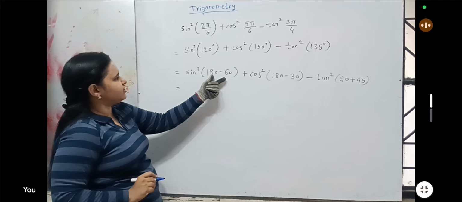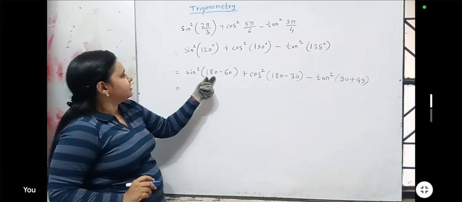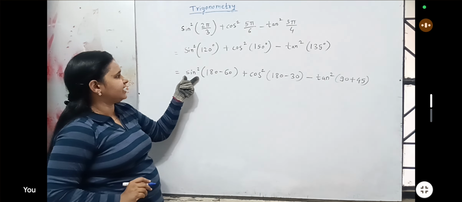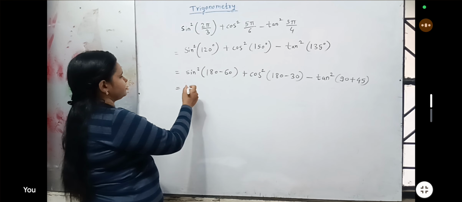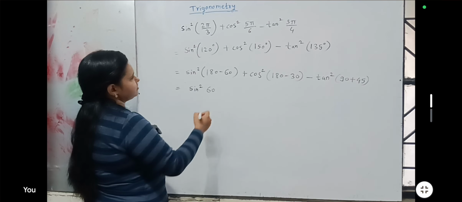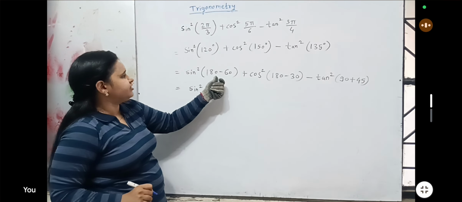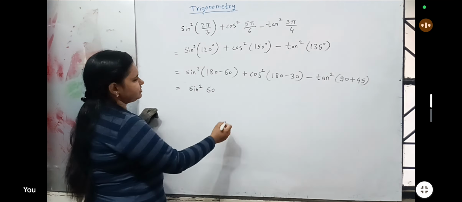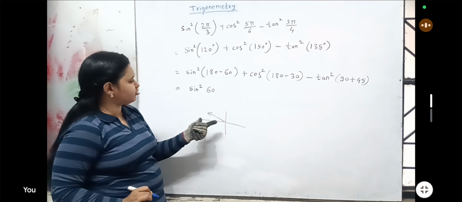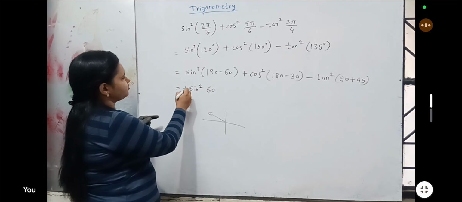Now sin square of 180 minus 60. Here it is even multiple of 90. So sin square will remain as it is. Sin square of 60 degree. What it will be? 180 minus 60 means it is in second quadrant. In second quadrant sin is positive. So it will be positive.